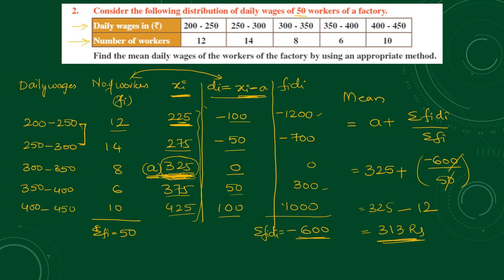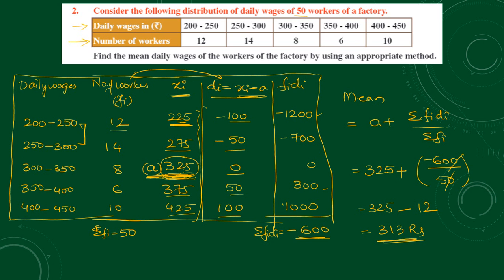So likewise, you can simply solve this particular problem. In this table we got 5 columns and we have used all the 5 columns clearly. I hope you have understood this. So once again I am going to recall this. First of all, the given 2 horizontal rows we have represented as vertical columns. Next we have found the value of xi by taking the mid value of the class interval.